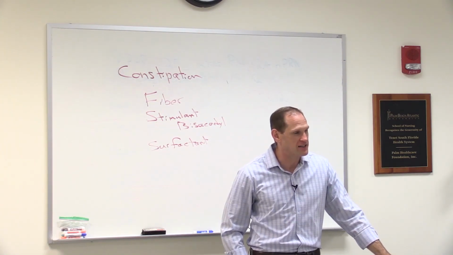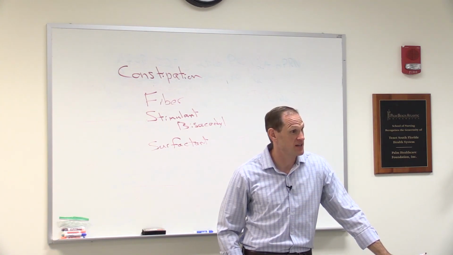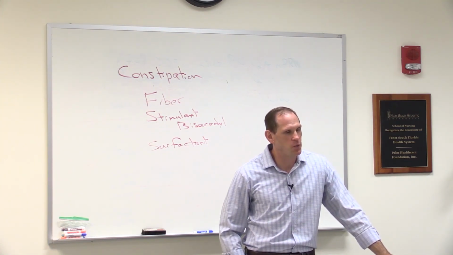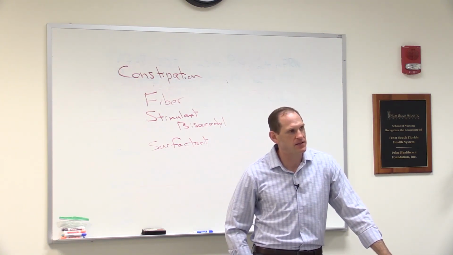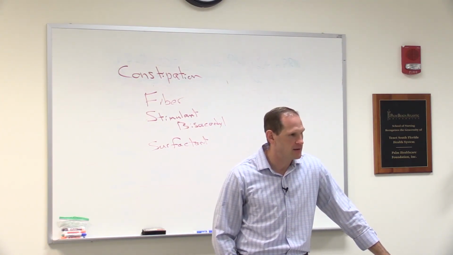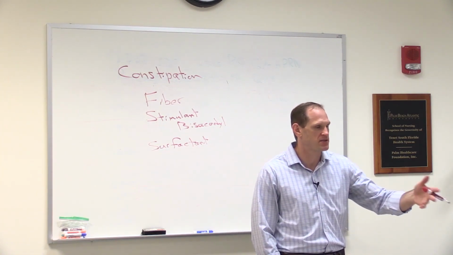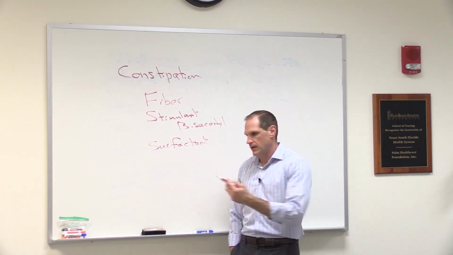So what does a surfactant do? It breaks surface tension, which allows the water to form smaller droplets than it otherwise would. And that basically allows water to penetrate into the fecal mass deeper than it otherwise would, thereby hydrating it, causing it to be softer. So these are sometimes known as stool softeners.